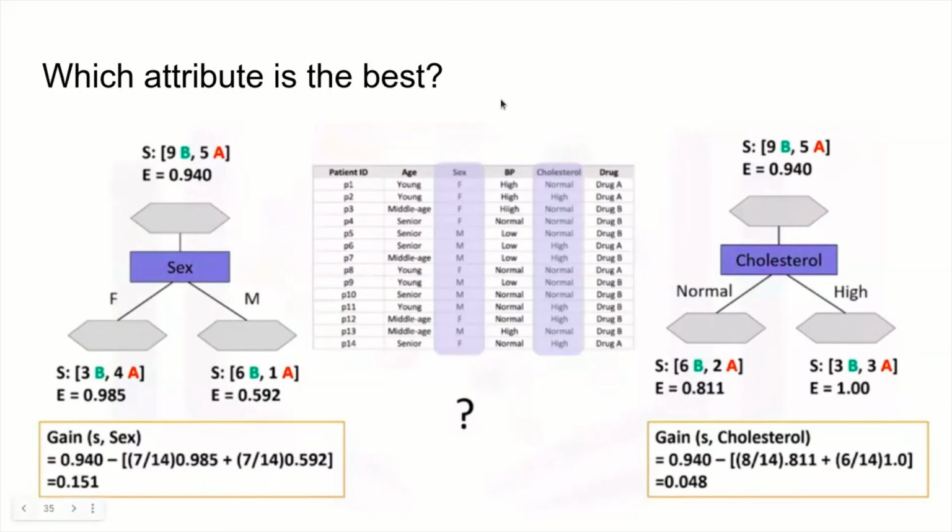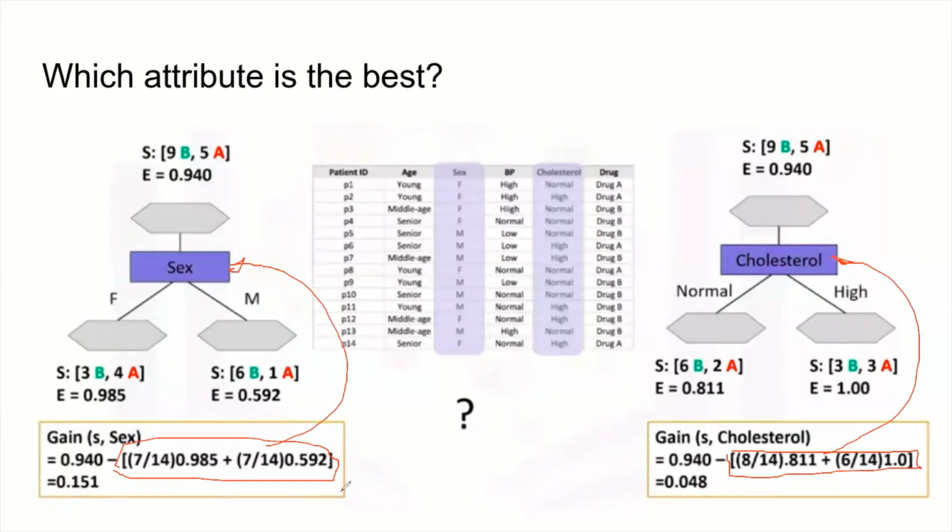So this term here is the weighted average entropy of this partition. And the same here. This value is the weighted average for the entropy of this partition.